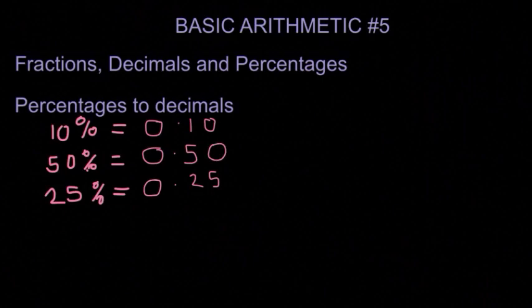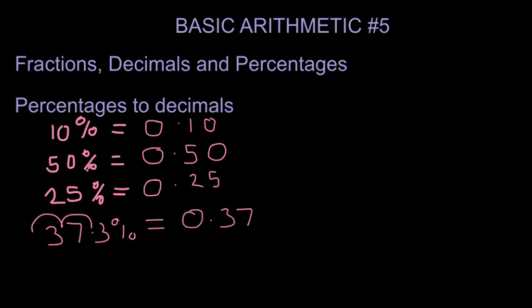So for any percentage, we move the decimal point 2 places to the left. So if I had a percentage of 37.3%, then as a decimal we would write that with the decimal place moved 2 places over to the left, we'd have 0.373.